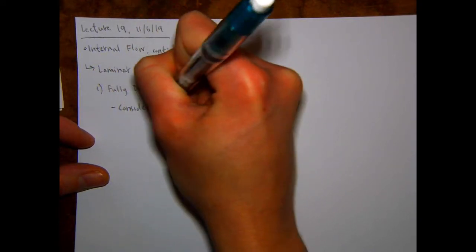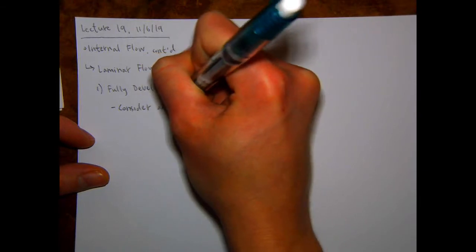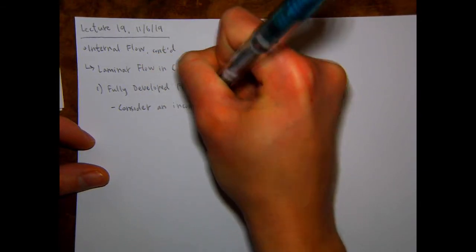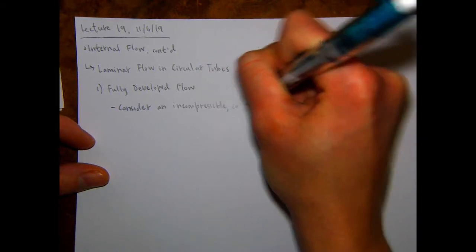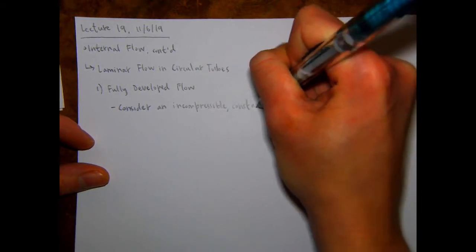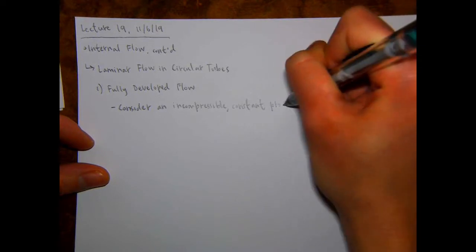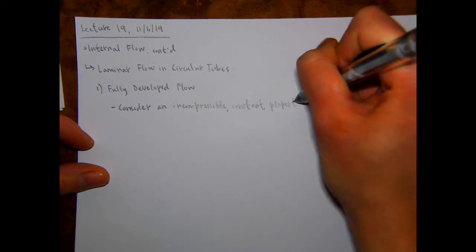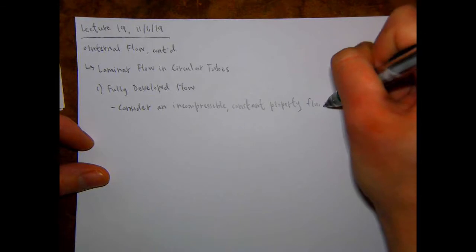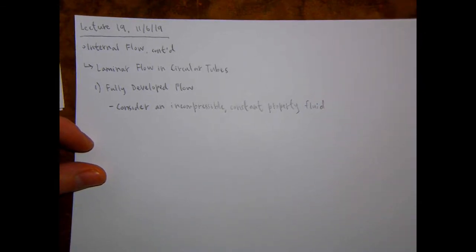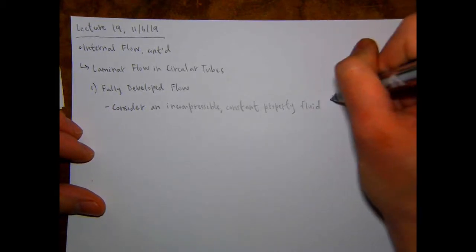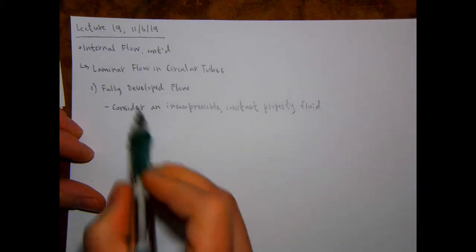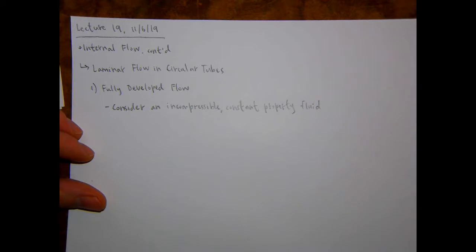So we're going to consider an incompressible constant property fluid. And again, fully developed, laminar flow in a circular tube.